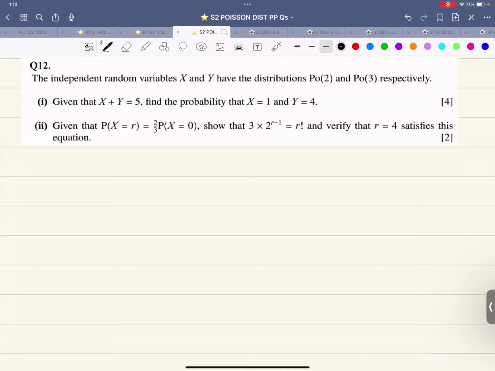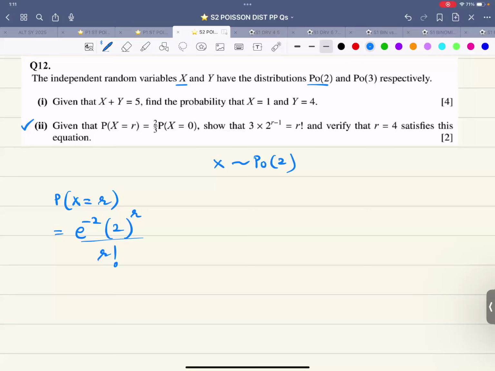So let me write this thing. First of all, in this color, we are interested in x. X follows a Poisson distribution with 2. Probability x is equal to r, that is e raised to power of negative 2, 2 raised to power of r over r factorial.